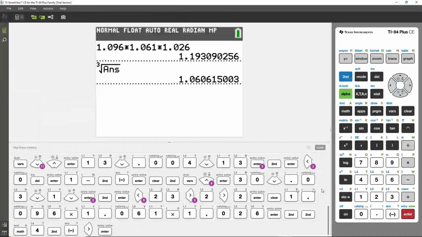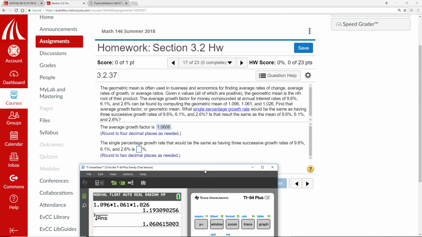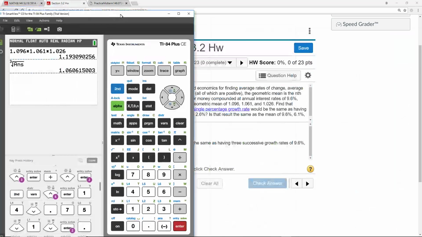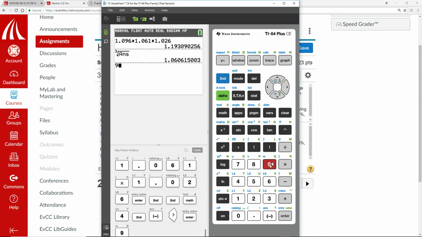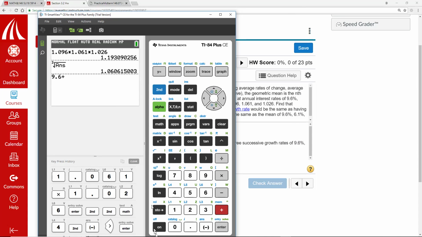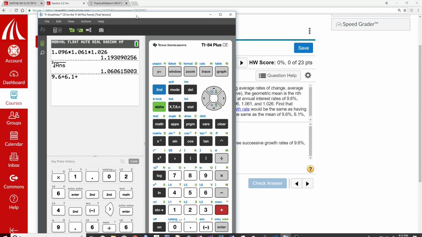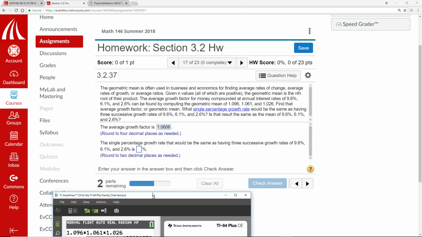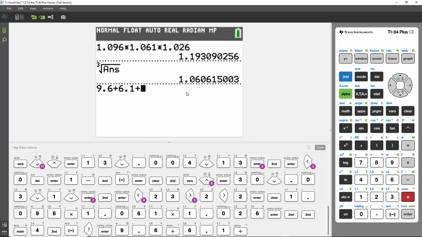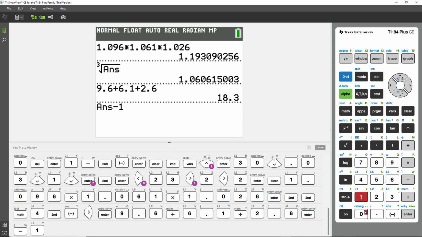Let's start with 9.6 first, plus, I'm just going to do it my way. And the last one looks like 2.6. And just subtract that from 100. So I'm getting 81.7.